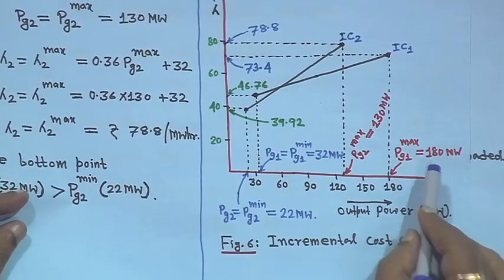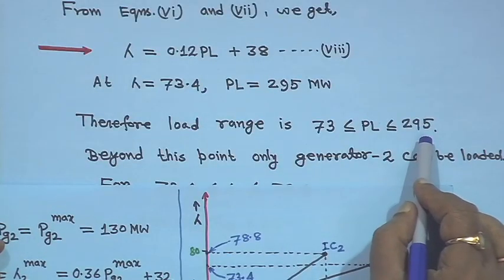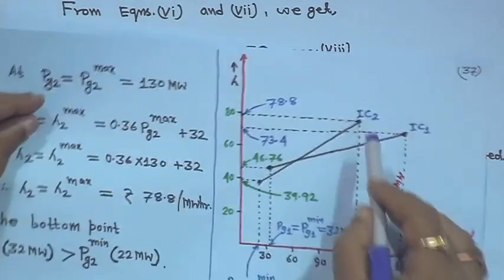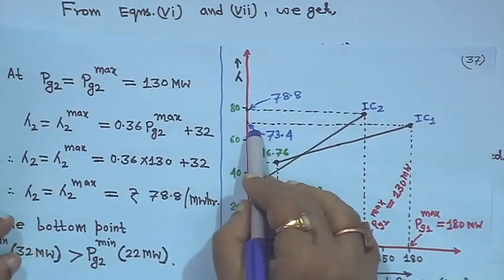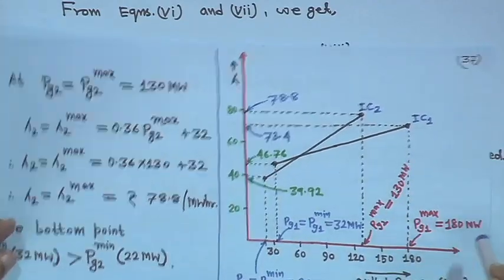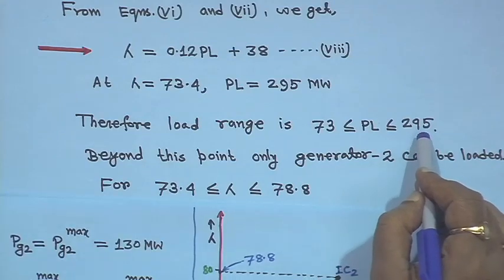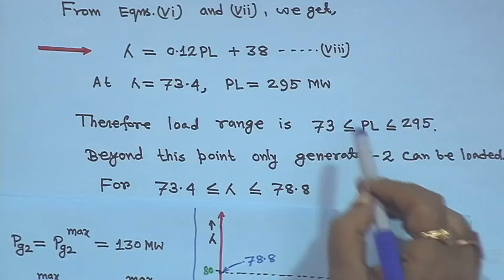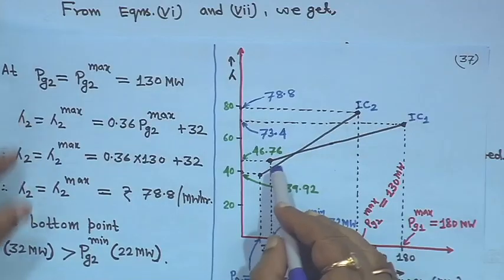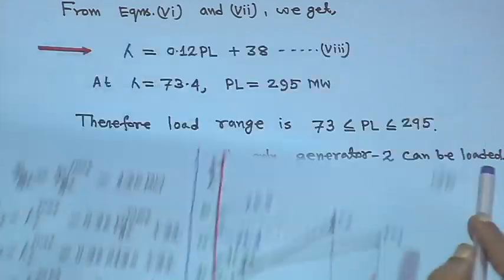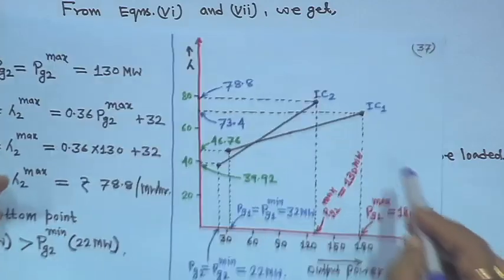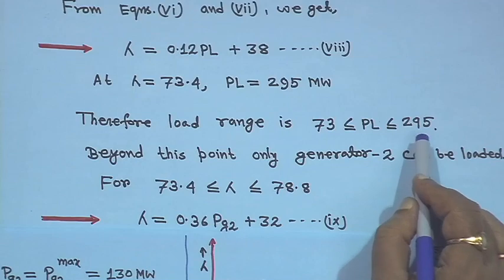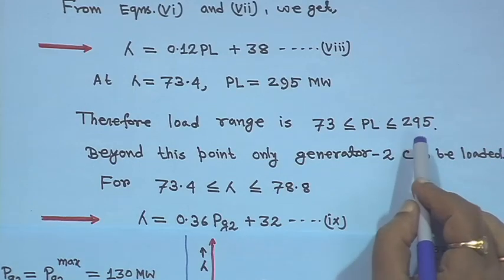That means Pg2 will be 295 minus 180, so 115 megawatt. Later I have put it in tabular form.